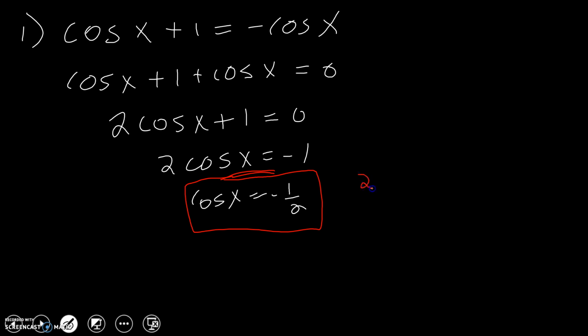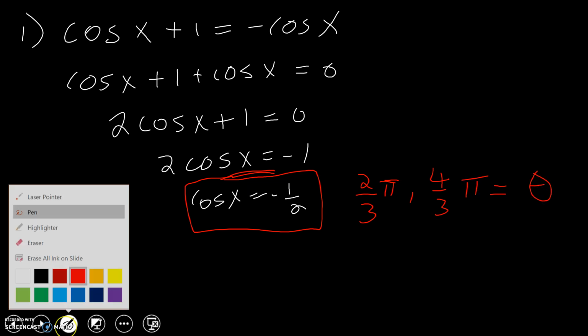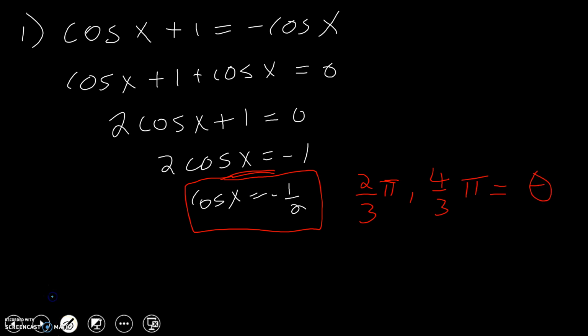The first one is going to be 2/3 pi, and the second one is going to be 4/3 pi. This is equal to theta. So my answer is 2/3 pi and 4/3 pi. Moving on.